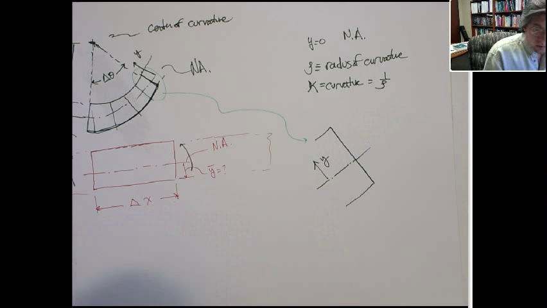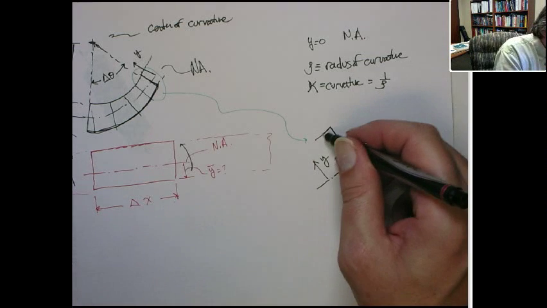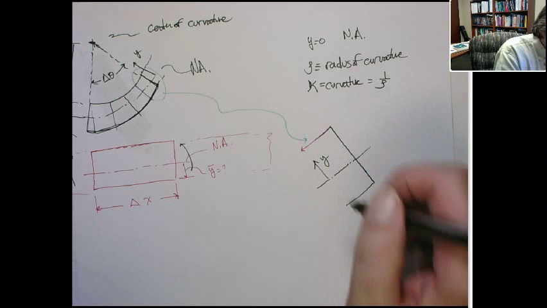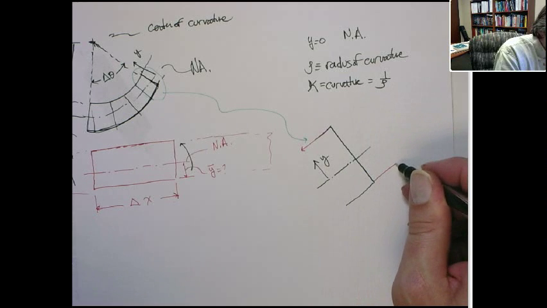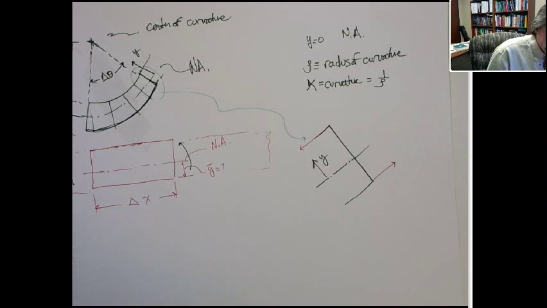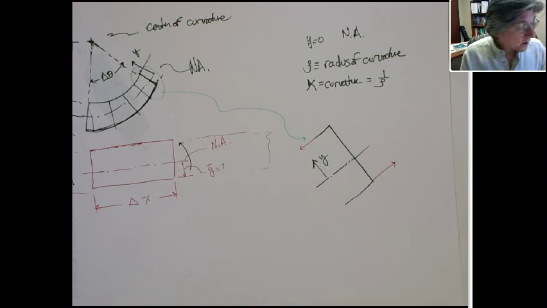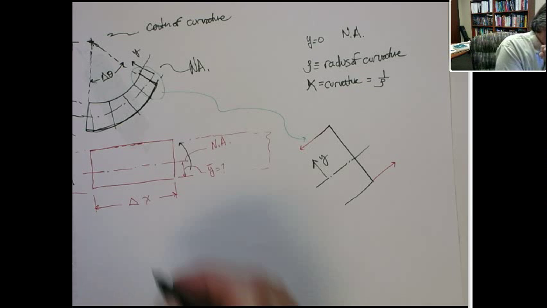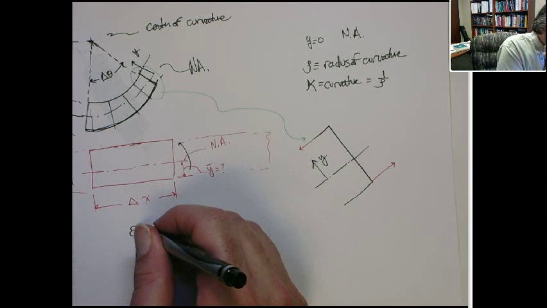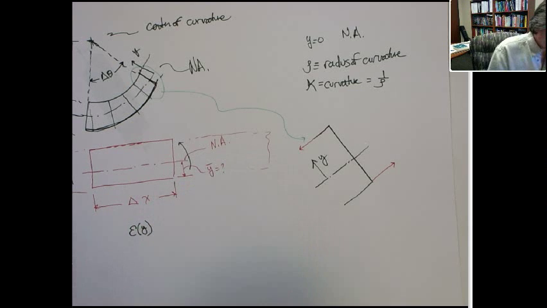And now, from before, right? We know we have compression on one side and tension on the other side. We want to look at how that varies through the cross section. Well, if the planar sections remain planar, we can actually get the strain over that cross section. We can get the strain as a function of y.